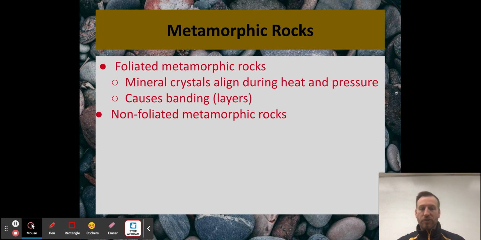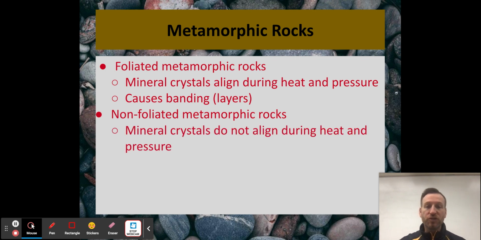Non-foliated metamorphic rocks are the opposite. The mineral crystals do not align. They don't line up during heat and pressure. You just kind of get this random pattern that ends up showing. Why does this happen?